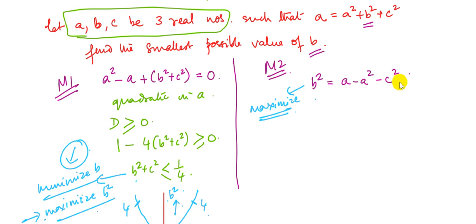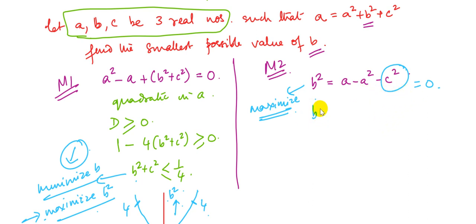So to maximize b square, first what I'm going to do is equate c square to 0. To maximize this, I have to minimize the negative part. So c square has to be 0.